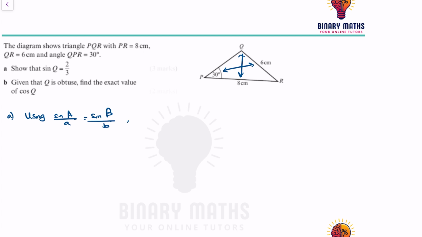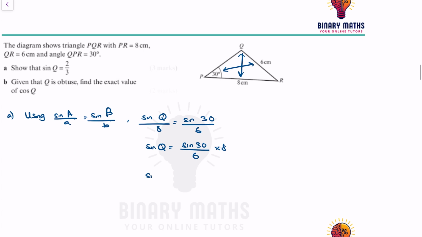I get sine of Q over 8 is equal to sine of 30 over 6. So that means sine of Q is equal to sine 30 over 6 times 8. Put that into your calculator, sine of Q is equal to 2 over 3.